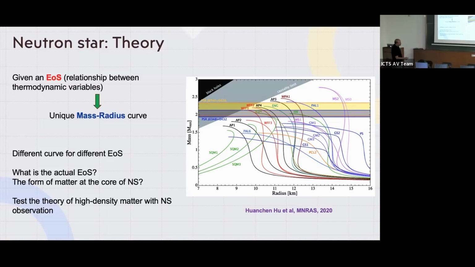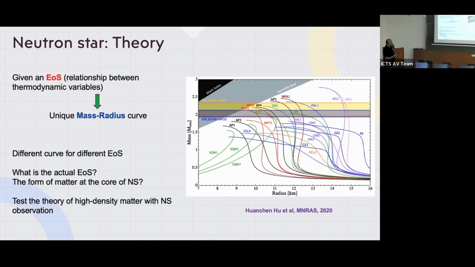For different equations of state, you see that these sequences are unique. So given an equation of state, we'll have this mass radius sequence. Now the question that comes is, what is the actual equation of state of the neutron star? Once we know the equation of state, everything follows. It is very simple. But what is the equation of state?